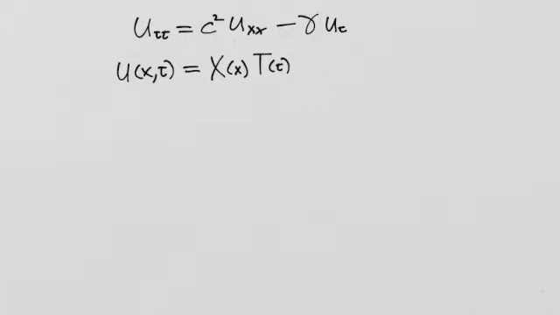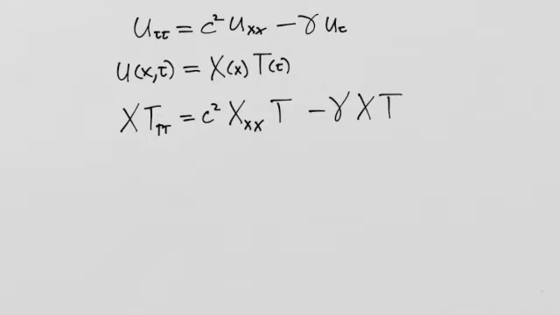The straight substitution looks like this: X times the second time derivative of T equals the speed of propagation squared times the second space derivative of X times T, minus gamma X times the first time derivative of T.